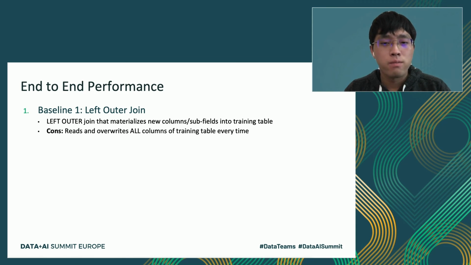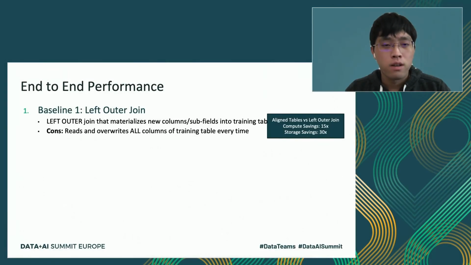For every training experimentation, we need to read and overwrite all the columns of the training table. We compared the aligned table solution versus the left outer join solution, and we observe quite huge wins there. There is a compute saving of 15x and a storage saving of 30x.